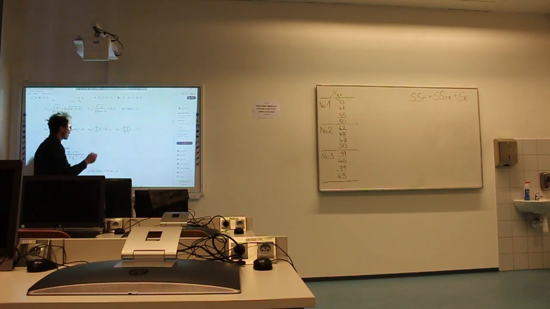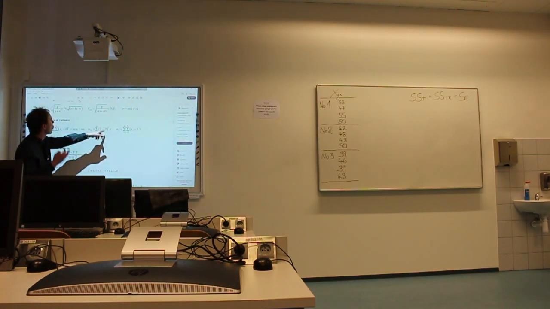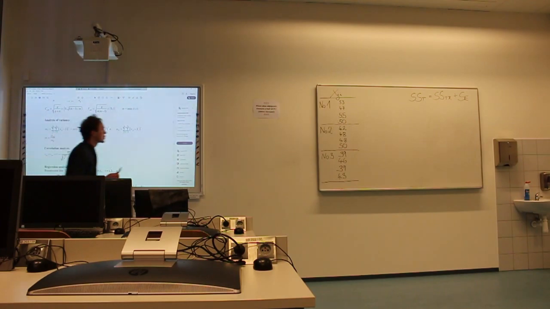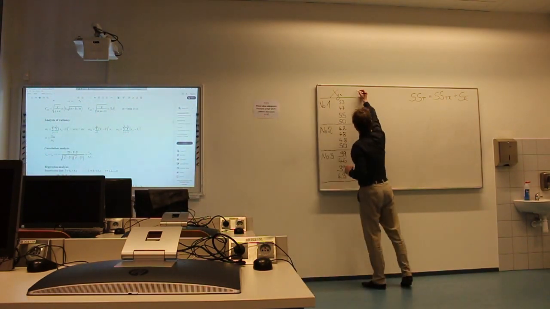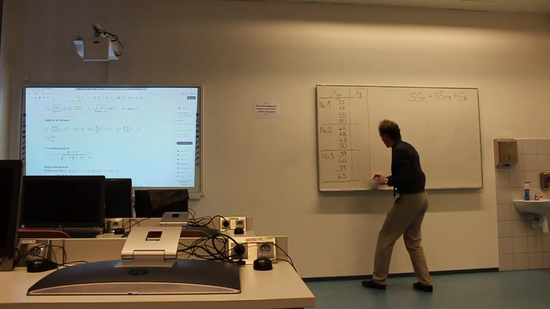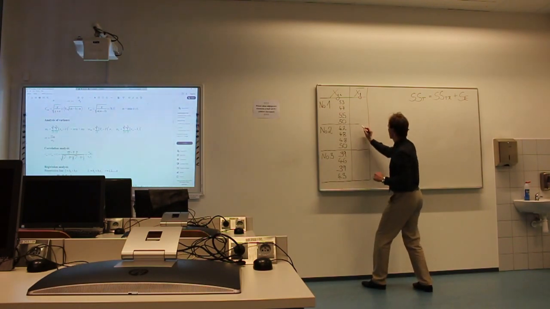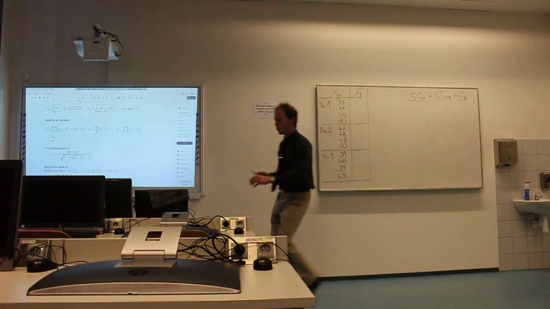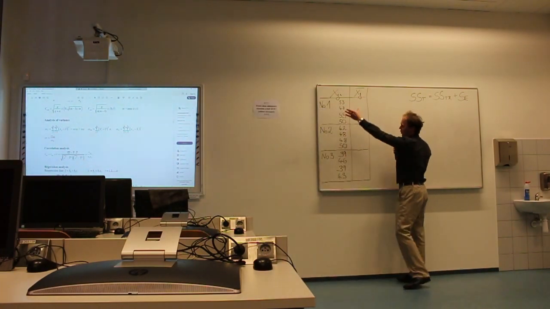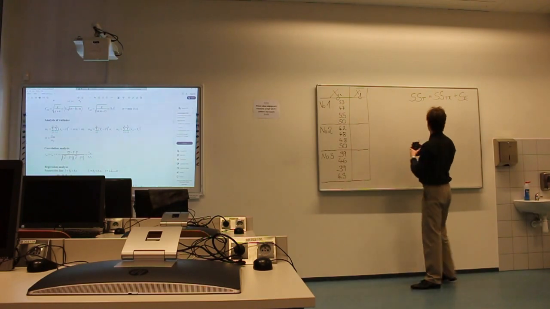the theoretical sum of squares. What we need are the total mean and the individual means for each teacher, x_j with stripe. The total mean will be calculated on the right side of the whiteboard. The total mean is a summation of 12 values divided by 12.